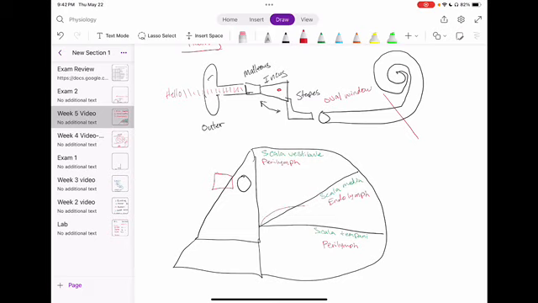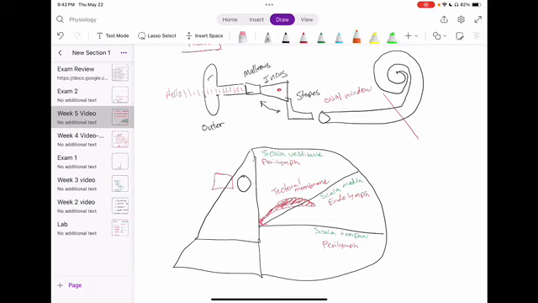And then there's a section right here. This is called the tectorial membrane. This is connected.